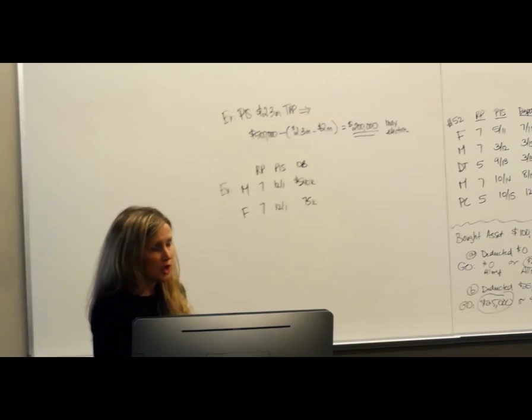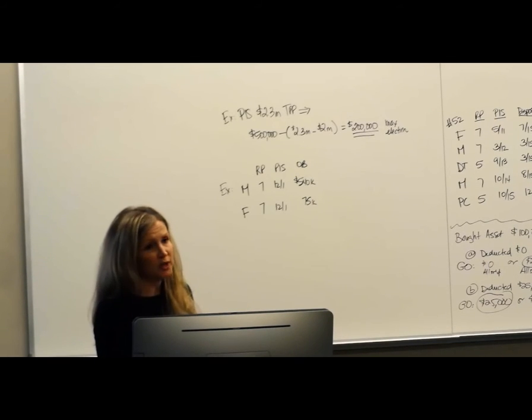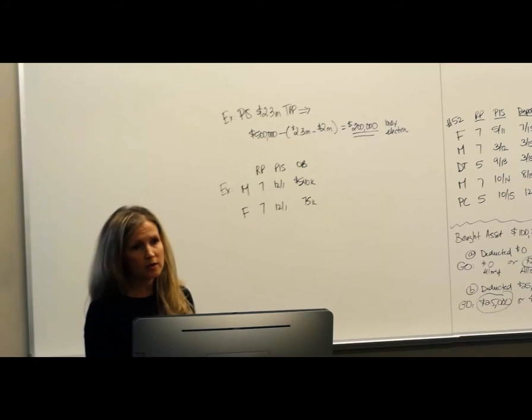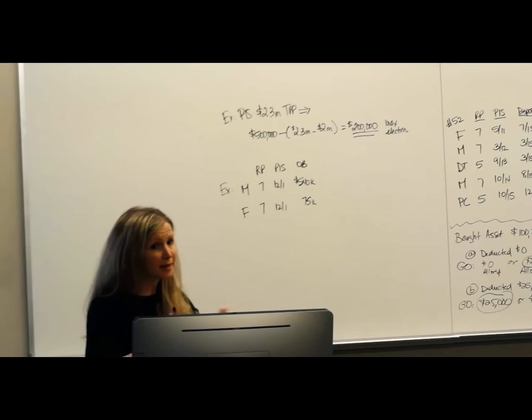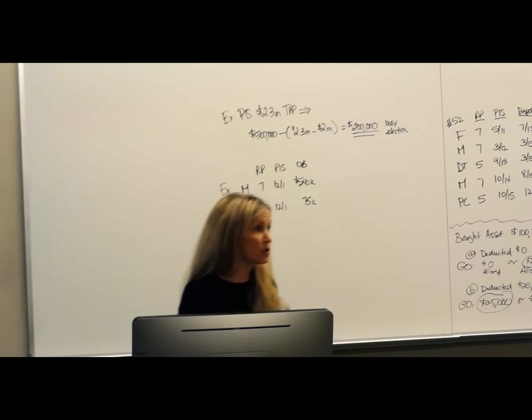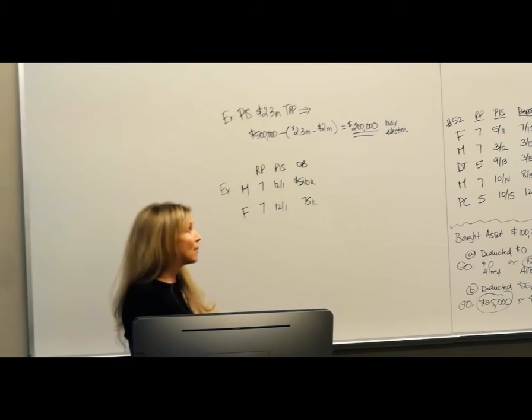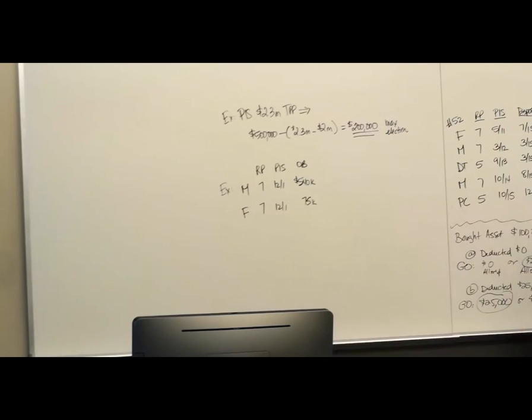Okay, guys, general notes here. You can pick and choose what assets you want to put 179 towards, okay? The general rule says that if you want to maximize your depreciation deductions, which we usually do, you come up with your percentages, okay?